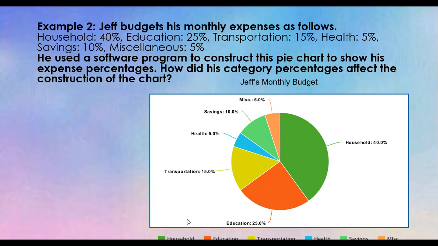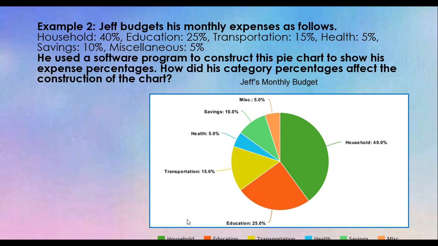Now, getting into the pie charts a little bit. So Jeff budgets his monthly expenses. So he's done the legwork. He realized how much money he has coming in. He broke down all of the costs that he pays, and he realizes that they can be grouped into 5 essential groups. Household, which is kind of like the checkoff chart we just talked about.